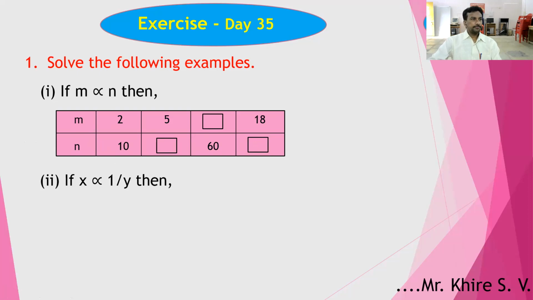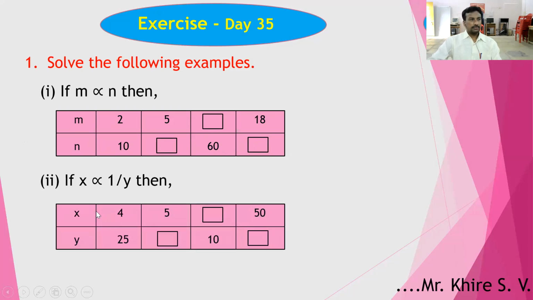Second example: if x is inversely proportional to y, that is x is proportional to 1 upon y, and the values of x and y are given. If the value of x is 4, then the value of y is 25. Now if x is equal to 5, then find the value of y in this box. Write the correct answer.